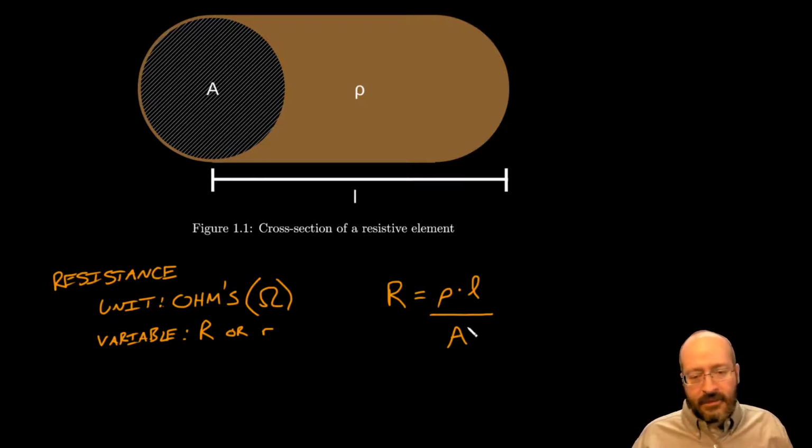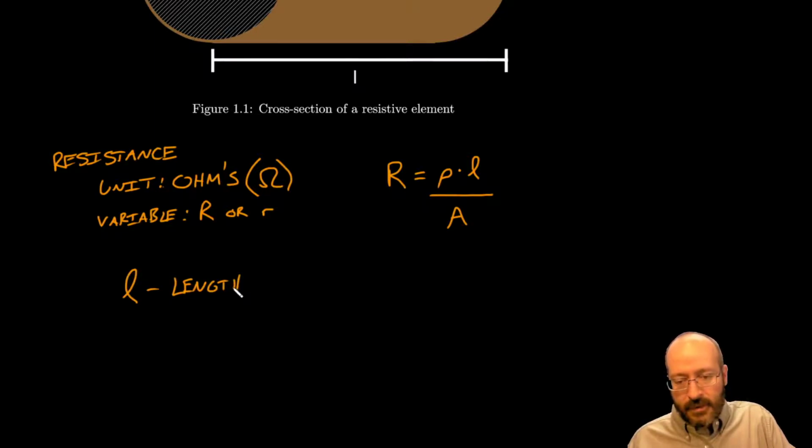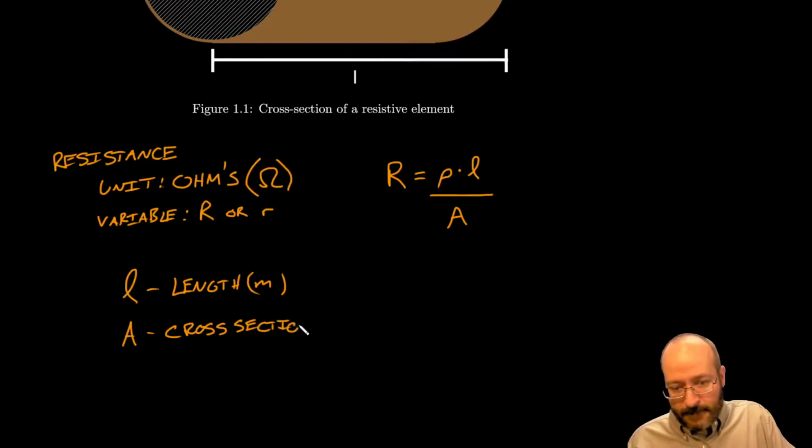So let's get some information on all of this. We've got lowercase l, the length of our material, measured in meters. We've got the cross-sectional area, and we're still in SI units, so that's measured in square meters.